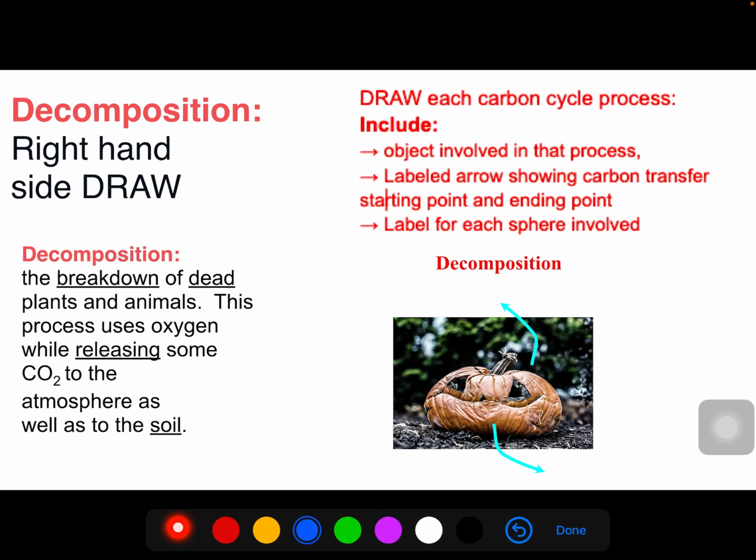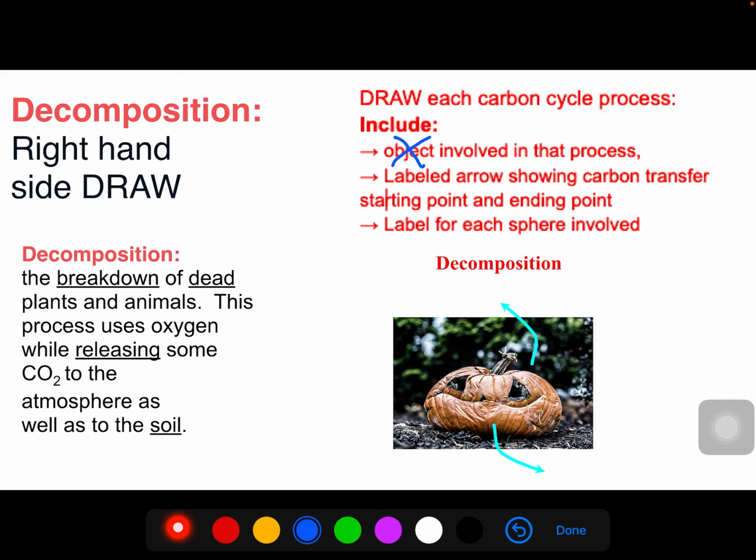So again, on the right-hand side, we want to show a plant or an animal breaking down. Saw a lot of great animals drawn in your carbon cycle game, so maybe you want to do something like that. Or again, like I did, you could just grab an image from Google. I grabbed this decomposing, rotting pumpkin. That's my object.